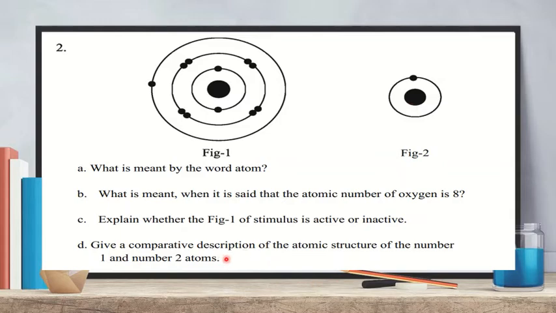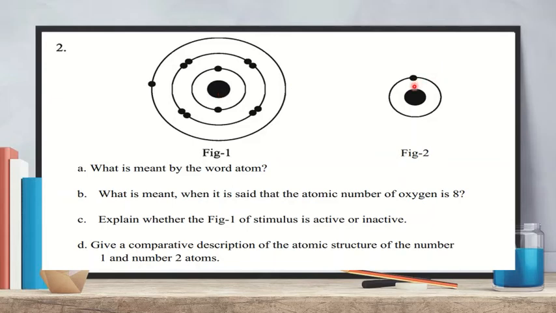Question d: give a comparative description of the atomic structure of the number 1 and number 2 atoms. In number 1, this is the sodium atom, and in number 2, this is the hydrogen atom. So the comparative description of the atomic structure. Sodium atom has 11 protons and 12 neutrons in the center.